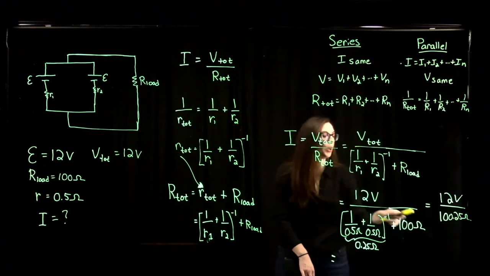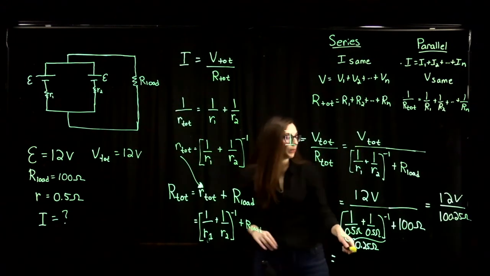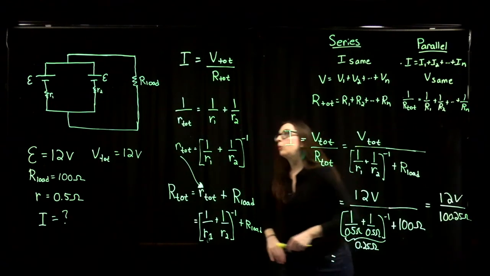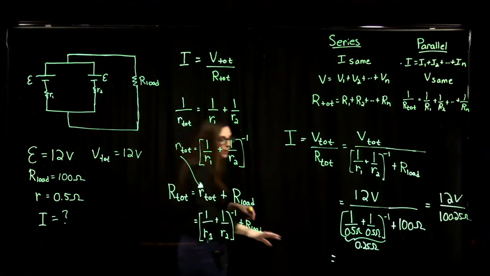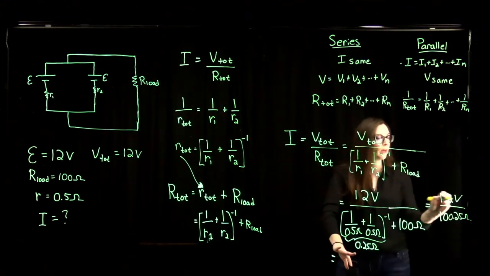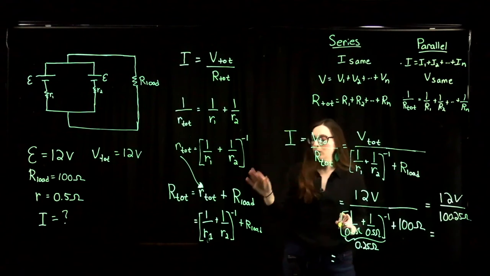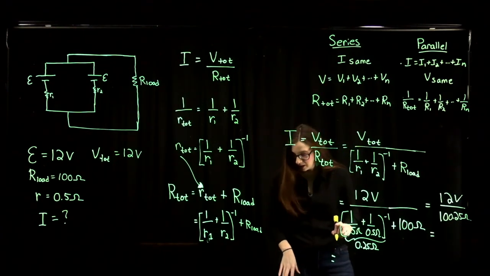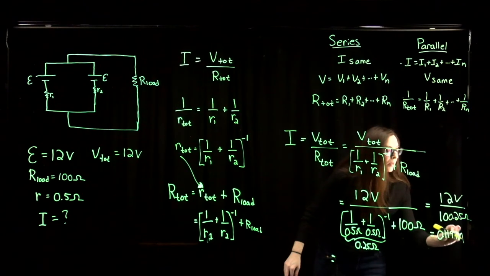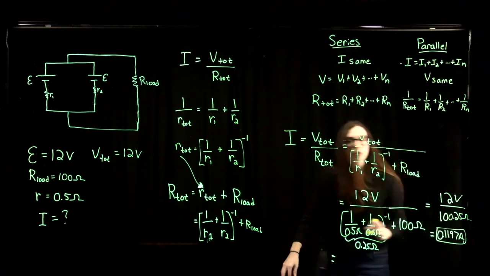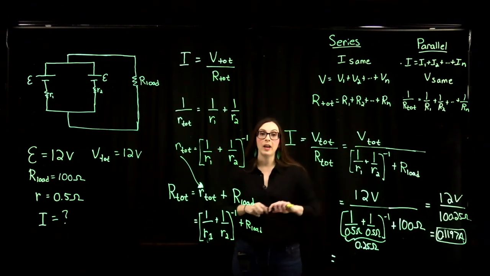I've got my 100 ohms coming from this device I'm trying to power, plus the 0.25 ohms, which is the total internal resistance of my batteries in parallel. So I take 12 volts divided by 100.25 ohms, and that gives me a total current in my circuit of 0.1197 amperes.